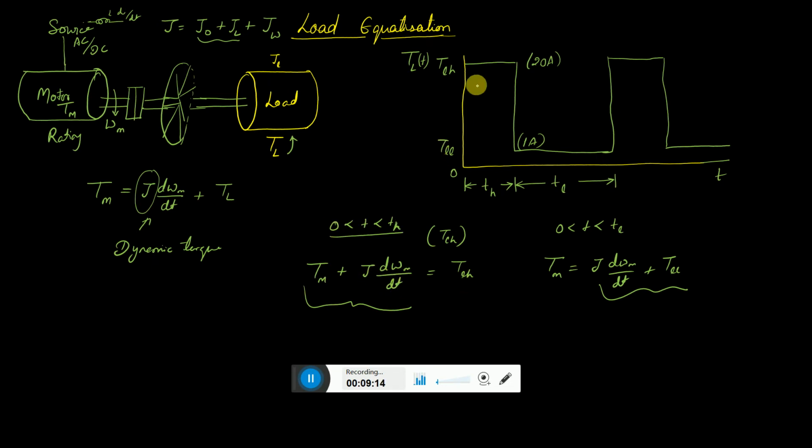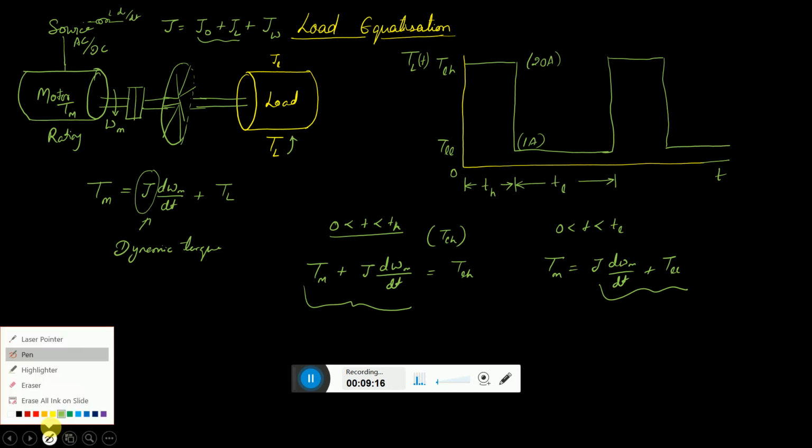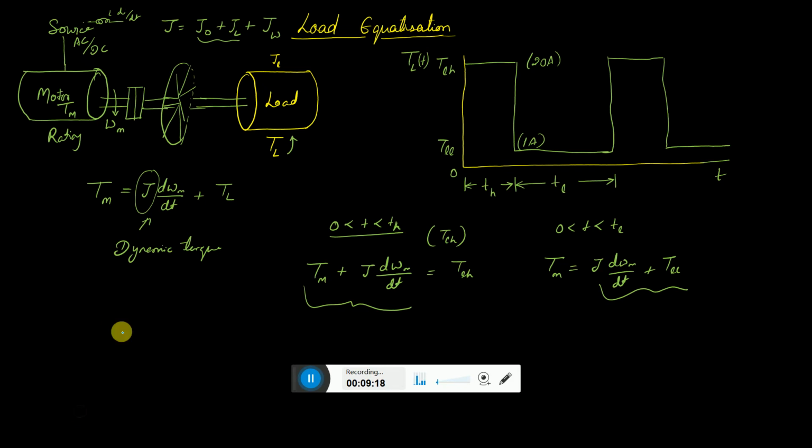So we have got a limitation now, but we have also got some advantage. The advantage is that now to the motor, the load torque will reflect not TLH, rather a T max. And the minimum is also not TLL, rather T min.